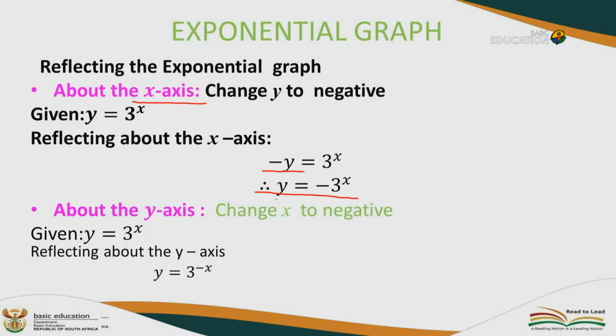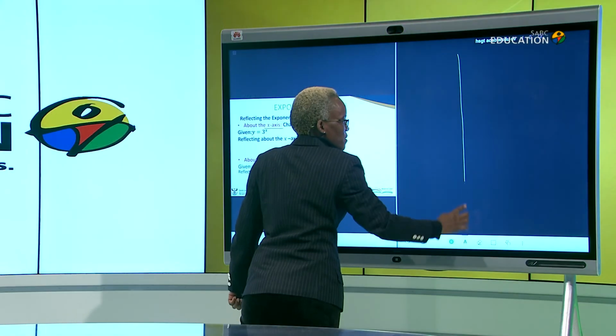When you are reflecting about the y-axis, you change x to be negative. If your graph was y is equal to 3 exponent x, reflecting about the y-axis, you'll have y is equal to 3 exponent -x. Can you see, reflecting about the y-axis gives you the 2 cases?